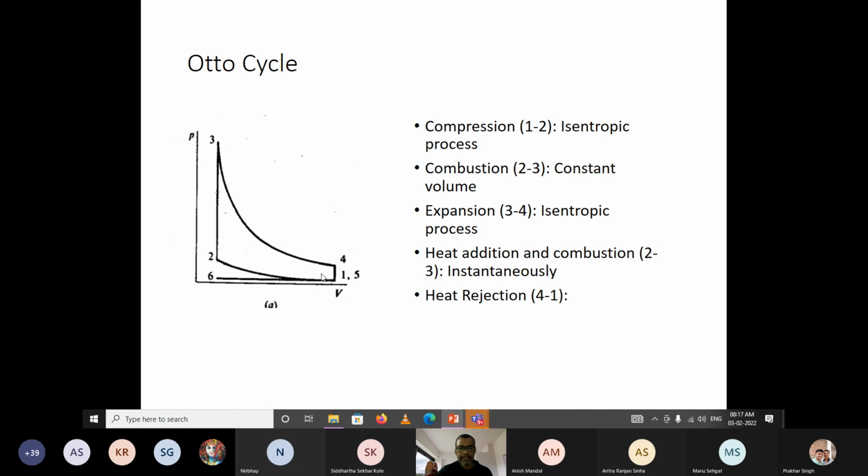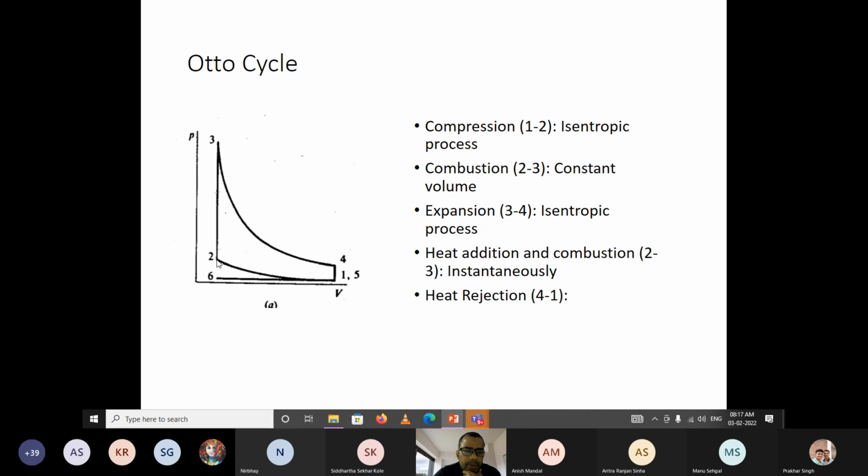Now, the different lines: 1 to 2 represents the compression stroke in the ideal cycle, and it is an isentropic process.